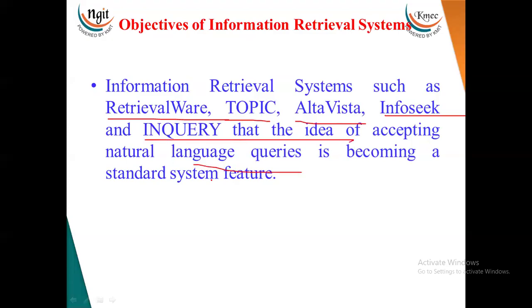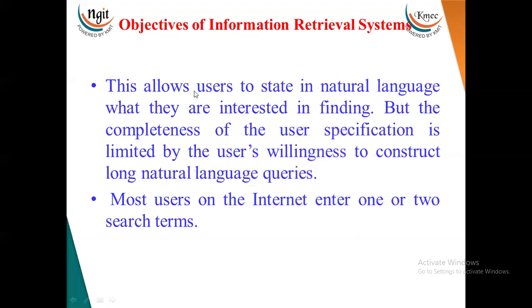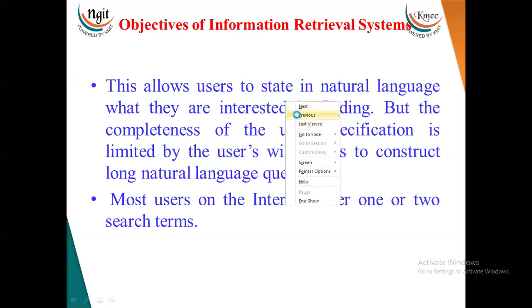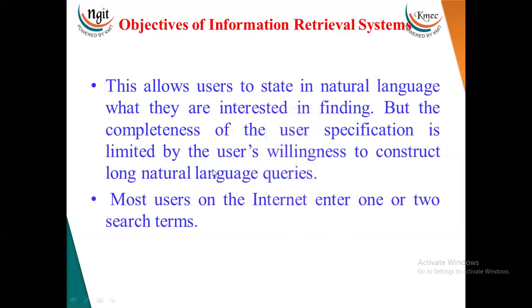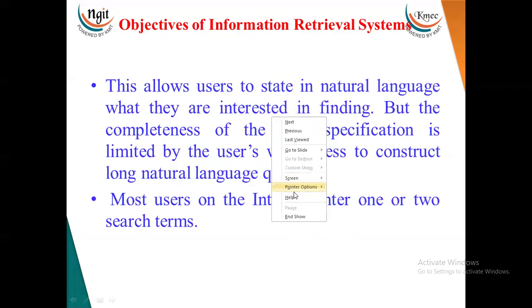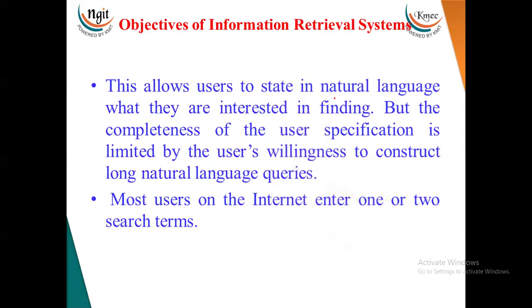Please check out all these types of information retrieval systems, and if they are open source, check how to use them. This Inquiry is basically used for NLP, natural language processing, where you write something in the form of text, and it finds your required information.